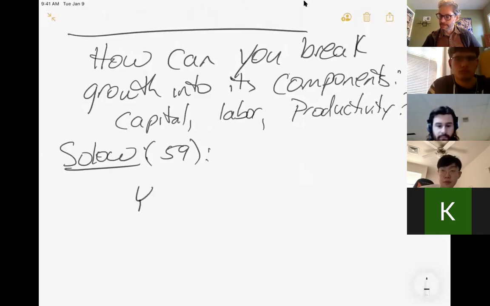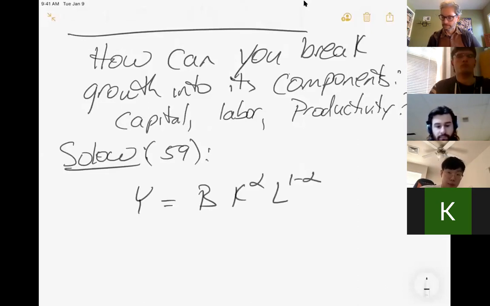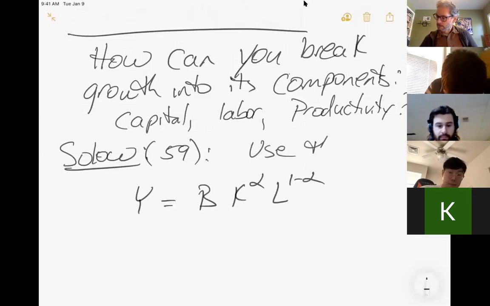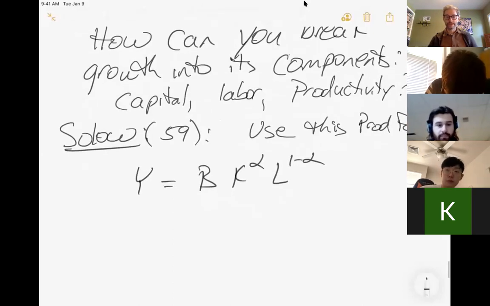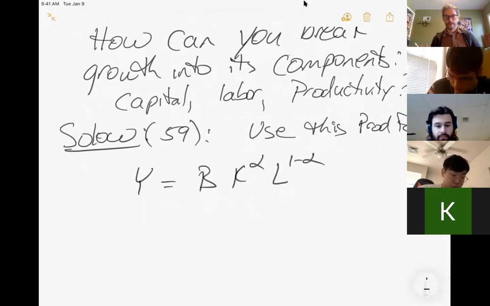This one is a little different than the production function that we talked about before. Okay? So notice here, I don't have A that's directly contributing to L. I have B, which is contributing both to capital and labor.